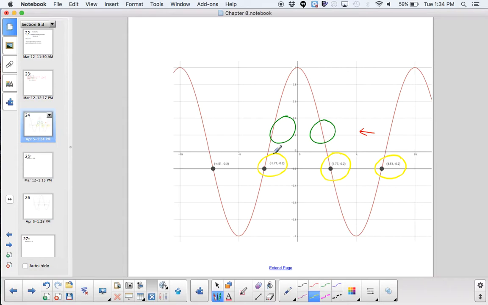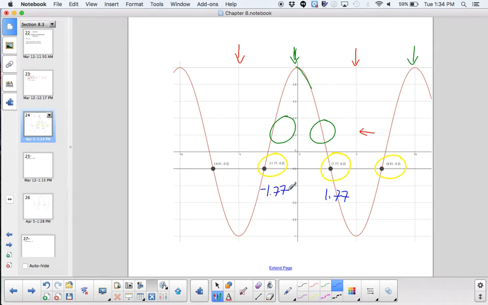If we look at one period for cosine, it could be from here to here, or we could say one period could be from here to here. Either of those would be fine. It's just whichever one is simpler. In this case, I noticed that we have 1.77, that's the solution we have, and then over here we have negative 1.77, which seems awfully convenient.